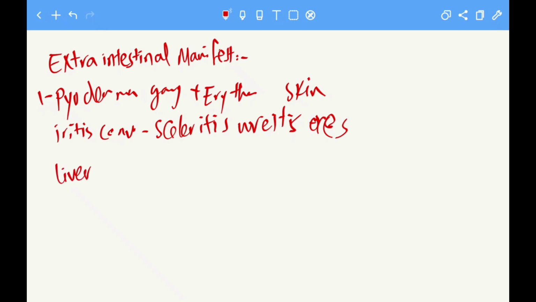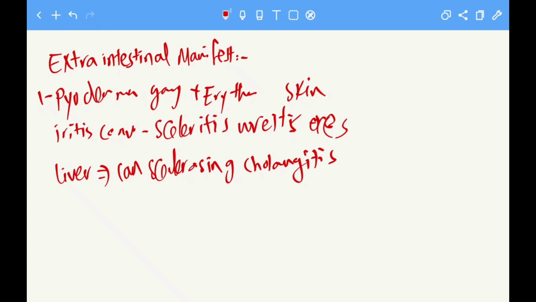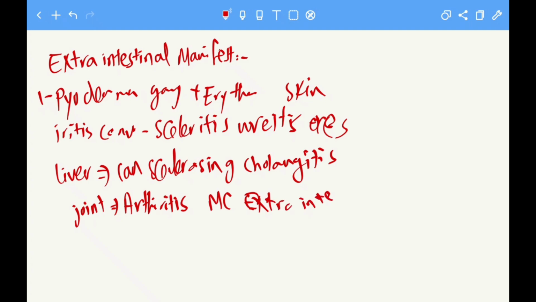The liver can develop sclerosing cholangitis. In the joints, arthritis. Arthritis, by the way, is the most common extra-intestinal manifestation. Okay.